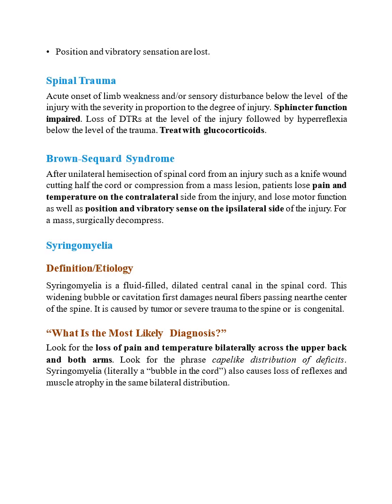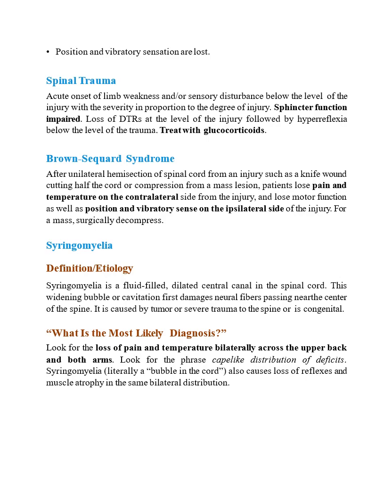This widening of the bubble or the cavitation first damages the neural fibers passing near the center of the spine. It is caused by tumor or severe trauma to the spine, or is congenital.